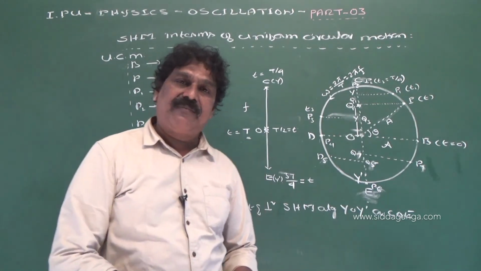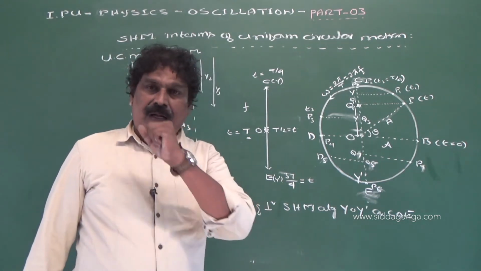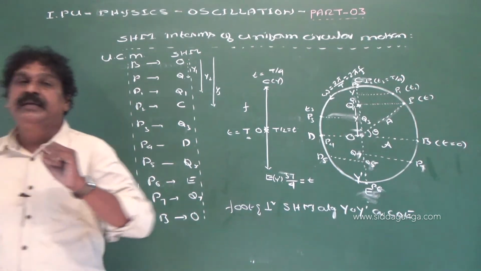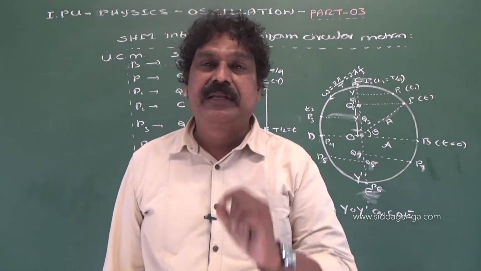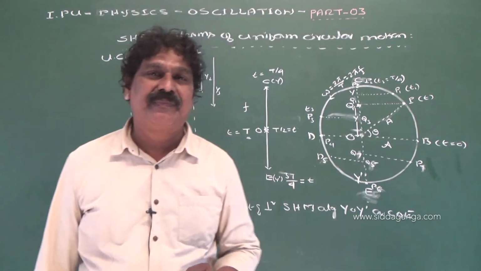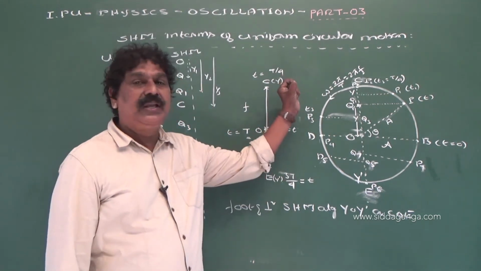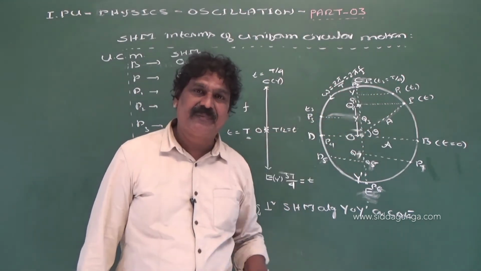Therefore, it is easier to understand simple harmonic motion in terms of the uniform circular motion. Is that clear?